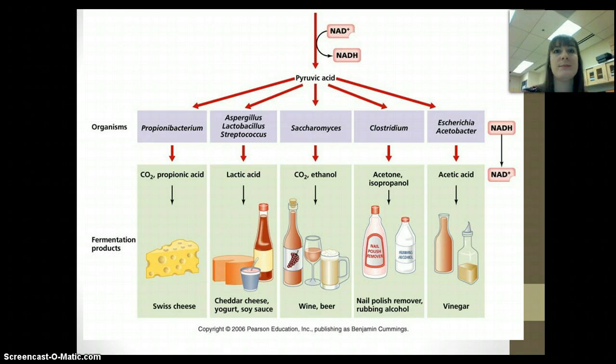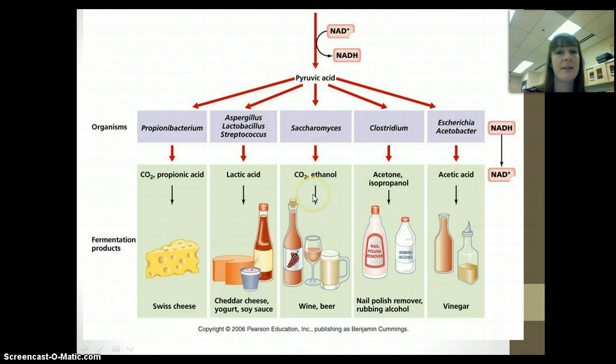We also use this process a lot in foods. There's going to be a lot of organisms, bacteria, yeasts, that are going to help us to create some really common foods. Those processes are just slightly different versions of fermentation. Lactic acid is going to help us make some delicious things like cheddar cheese, yogurt, soy sauce. Those are all made through these different bacteria that are doing that process.